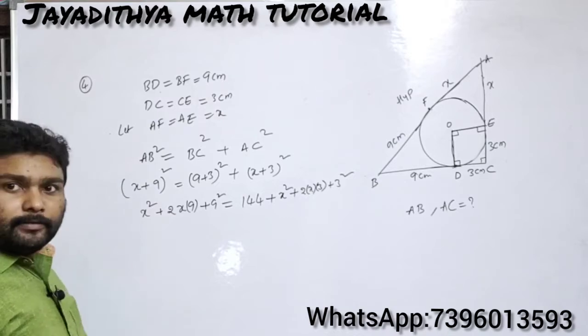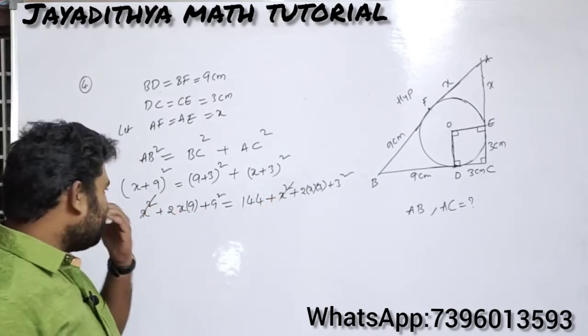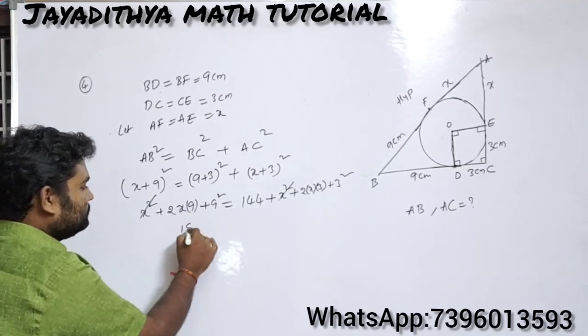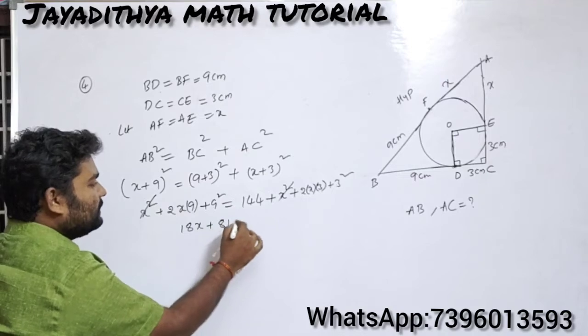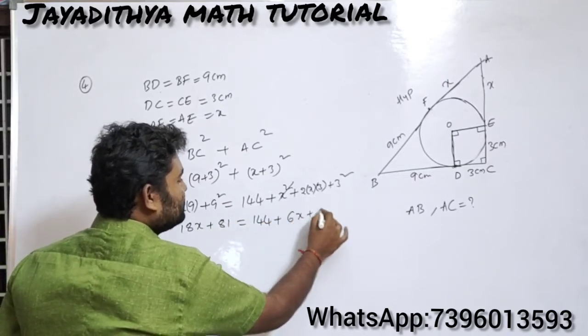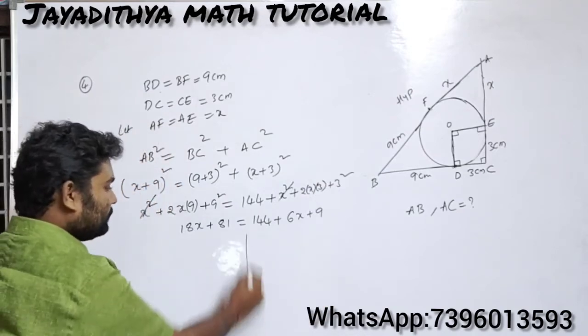Clear? So here you can cancel X square and X square. If you cancel X square here, the problem will be somewhat simple. So this is 9 twos are 18X plus 81 is equal to 144 plus 2 threes are 6X plus 9. So what you will be doing in the next step?